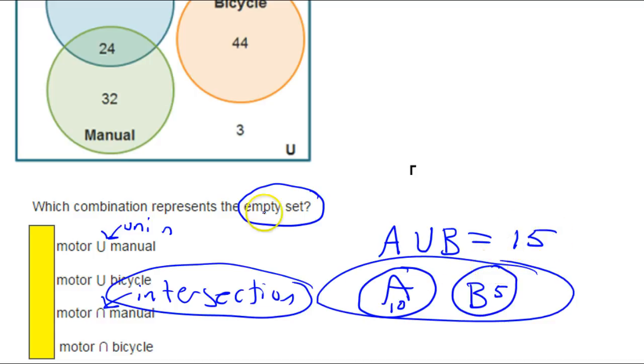So if we're shooting for the empty set, you pretty much have to be talking about intersection. The only way you're going to have a union be the empty set is if both sets were empty in the first place, which would be silly. So let's think intersection.